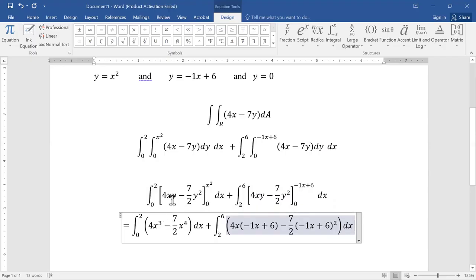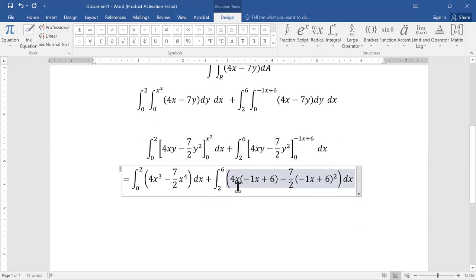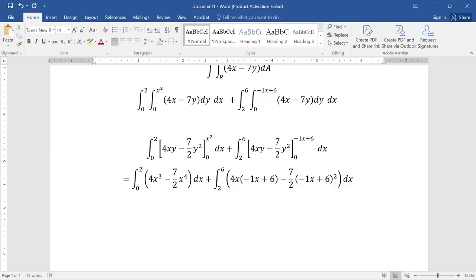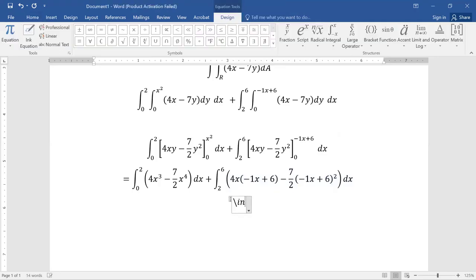I am going to clean up this second one just a little bit. I already simplified the first one, so I can just leave that one alone: 4x to the third minus 7 halves x to the fourth. By the way, hopefully you see where that's coming from.